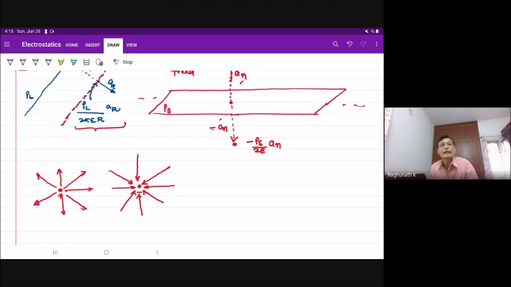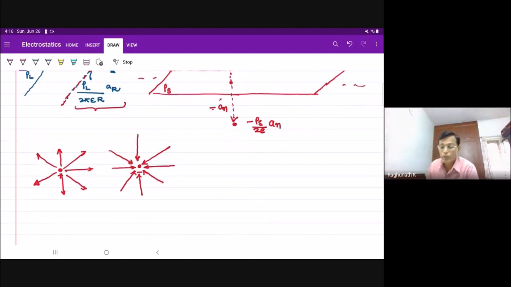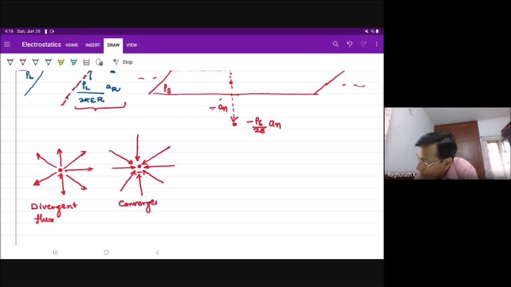And the number of lines is given by the amount of charge on the surface. Looking at the structure of it, this is divergent flux, because they are going out. This is convergent flux.